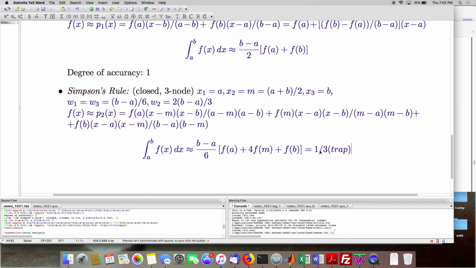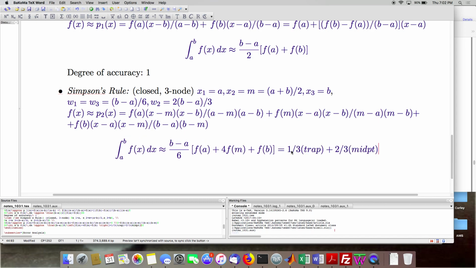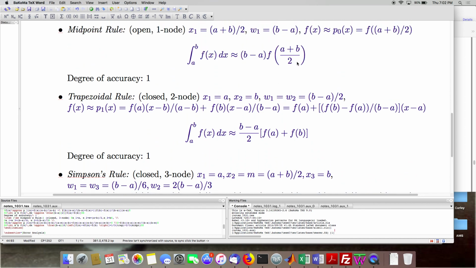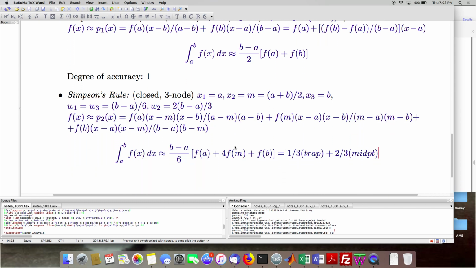So it's 1/3 times the trapezoidal rule plus 2/3 times the midpoint rule. The midpoint rule has f at the midpoint times (b minus a); here it's times (b minus a) times 4/6, or 2/3. So really, Simpson's rule is a convex combination of the previous two rules.